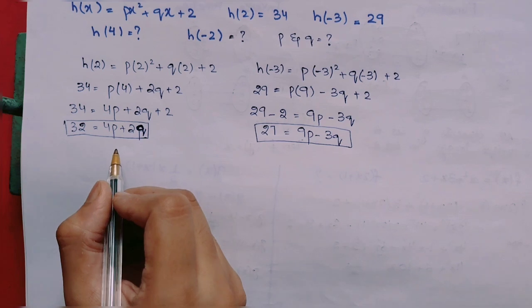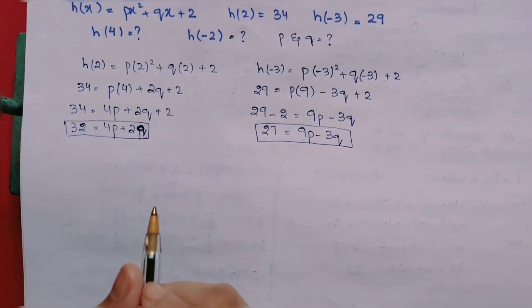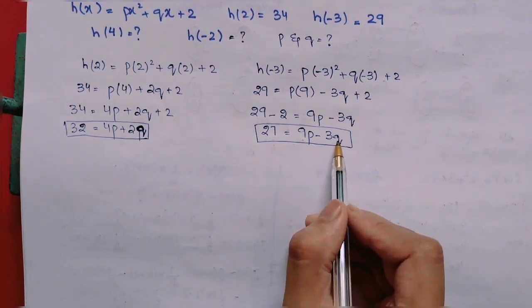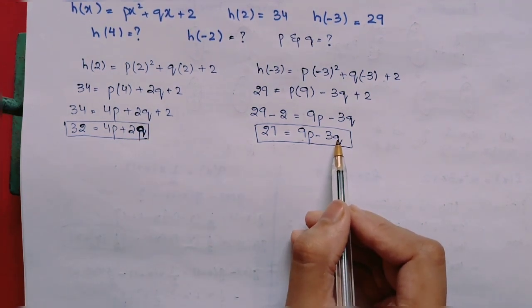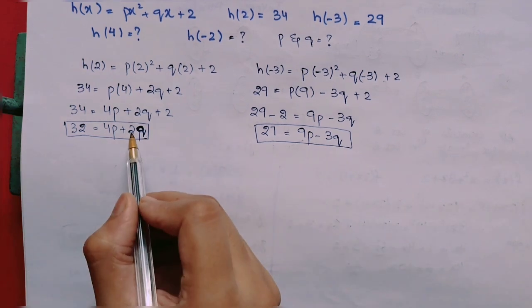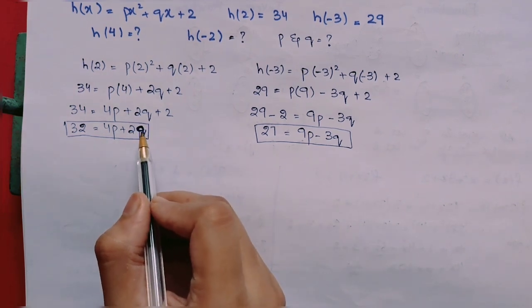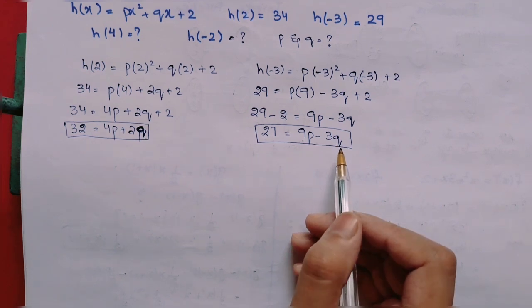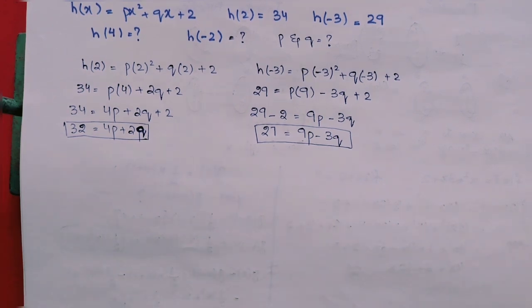How can we solve it simultaneously? You have to make the coefficients of one variable equal. For example, here it is 2q and here it is 3q. If I multiply 3 by 2, it becomes 6q, and if I multiply 2 by 3, it becomes 6q. Here it becomes 6q and here it becomes 6q. I made them both similar, so we can cancel them out.